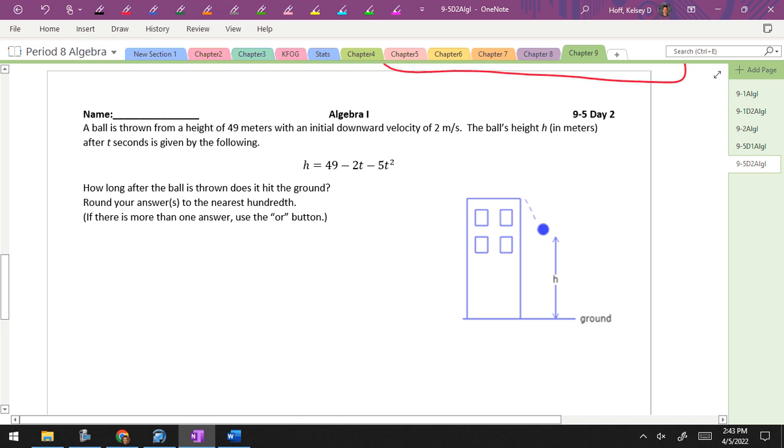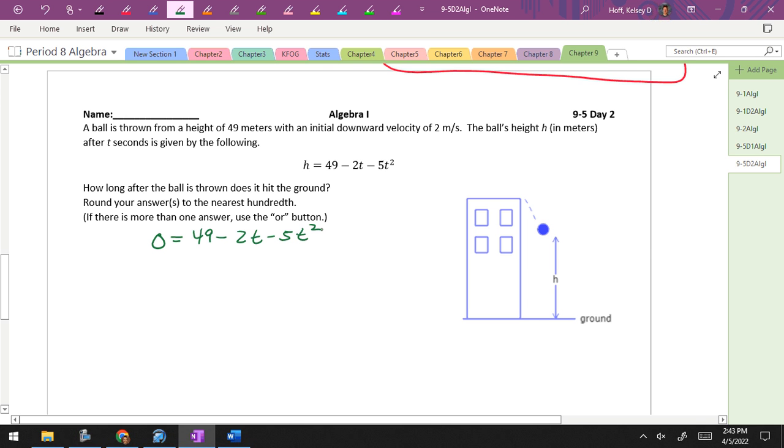Round your answer or answers to the nearest hundredth. How do I do this? Why would you put 0 in there? It's on the ground. Your height is 0, right? Okay. So 0 equals 49 minus 2t minus 5t squared.